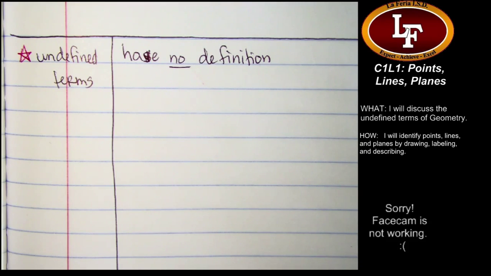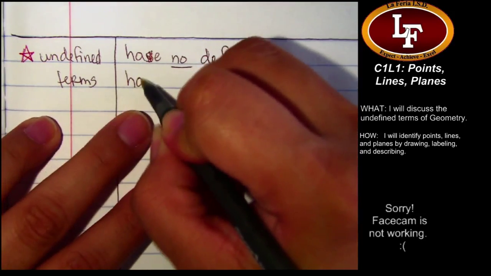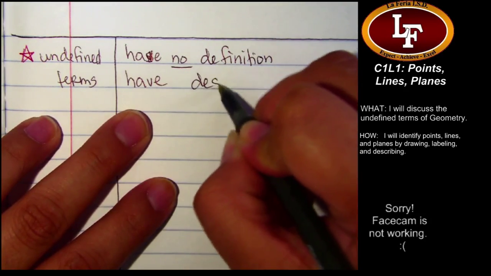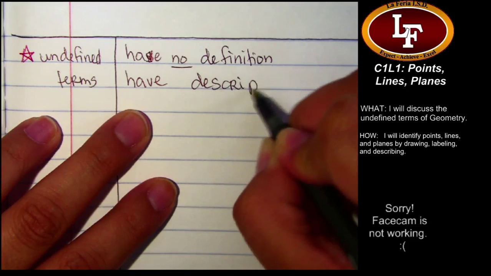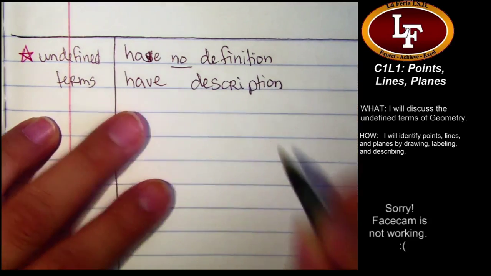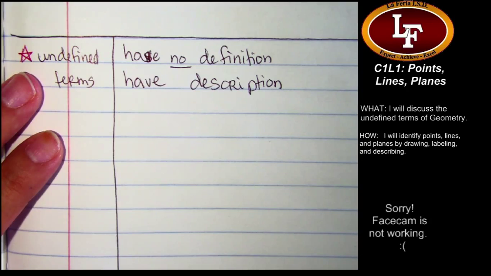Yes. Does it have scales? Yes. Does it live in water? Yes. Okay, it's a fish. These undefined terms don't have that. The best that we can do is give them a description. I can't tell you what they are. I can just tell you what they're like.